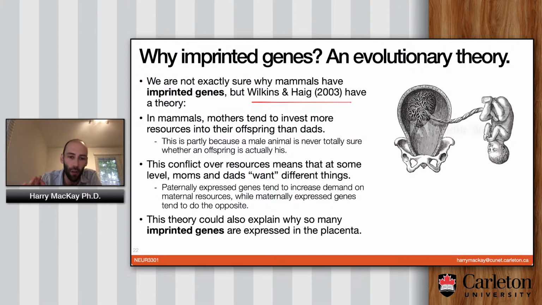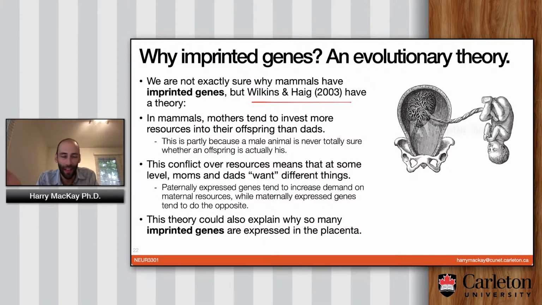So this leads to a conflict over resources about what moms and dads want. Dads, evolutionarily speaking, to efficiently pass on their genes, kind of want the baby to consume as much of mom's resources as possible, because the baby has dad's genes, and there's no downside from the point of view of the dad if the baby consumes everything the mom has to offer, especially if it involves outcompeting the other siblings that may not have the same dad.